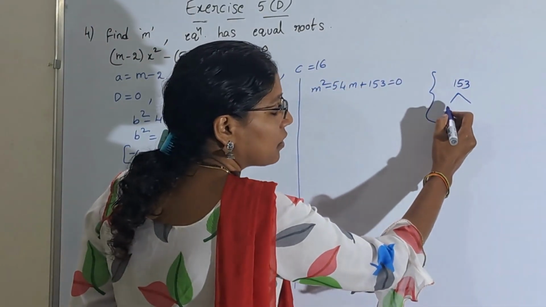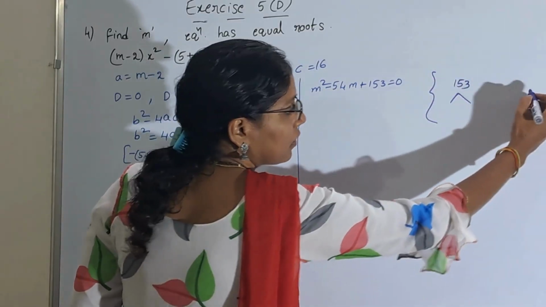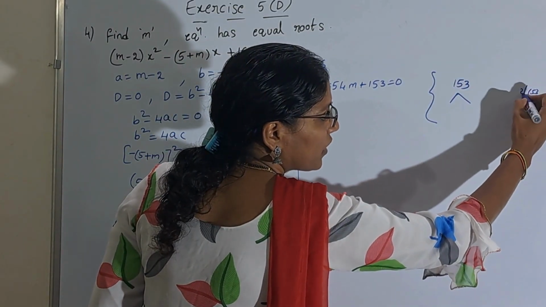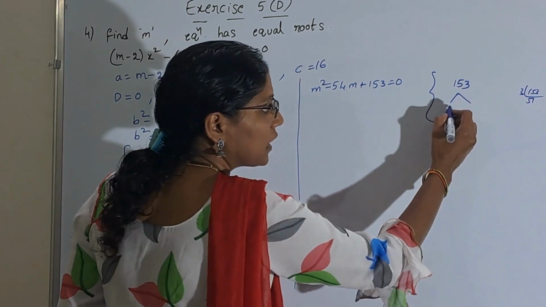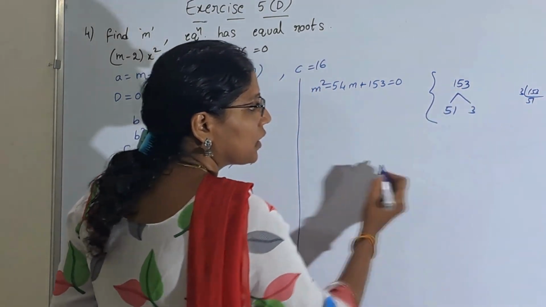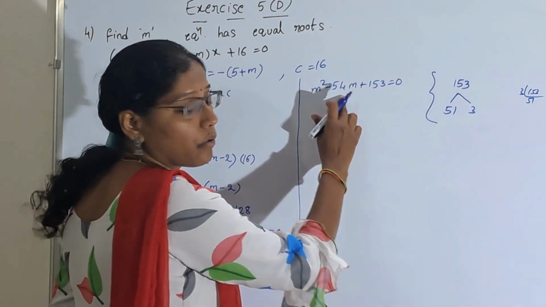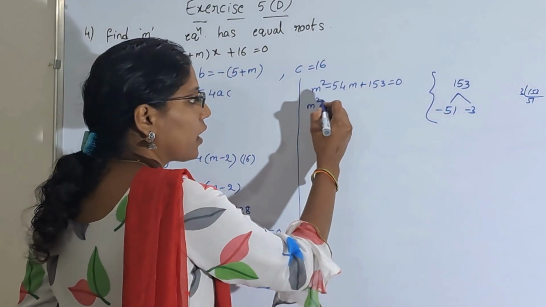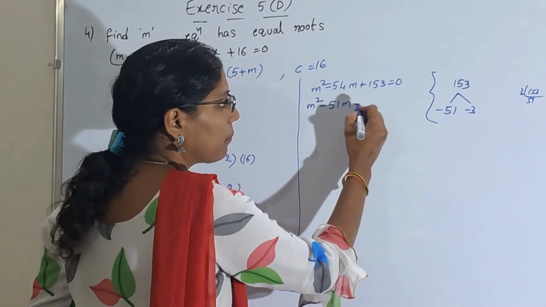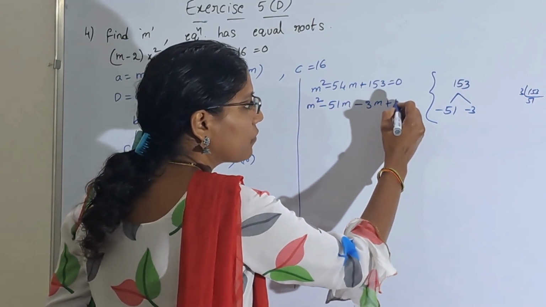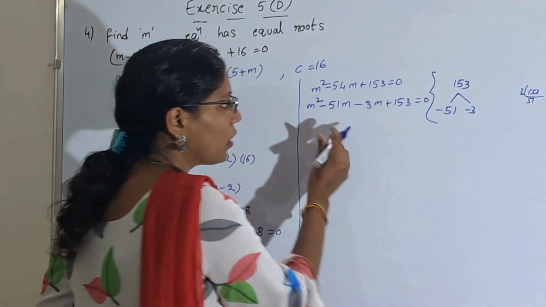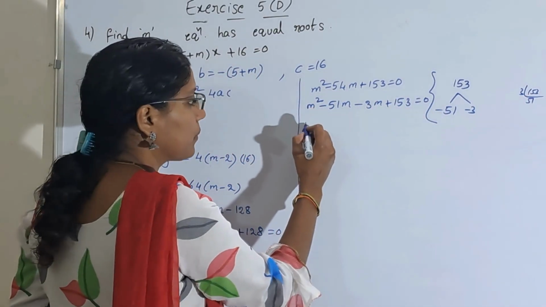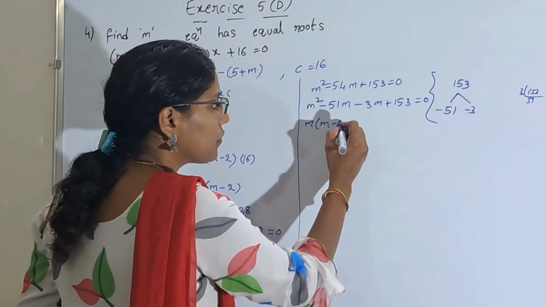For 153, 3 into 51 is 153. Here -54 we want, so -51 and -3. m square - 51m - 3m + 153 = 0. First two terms, what is the common? m is the common: m(m - 51).